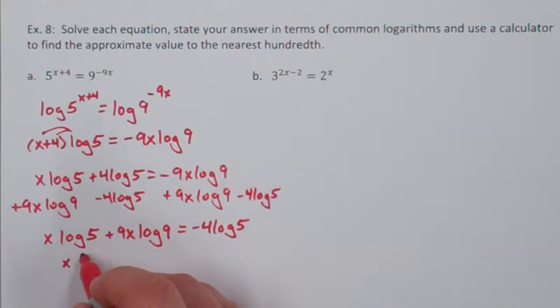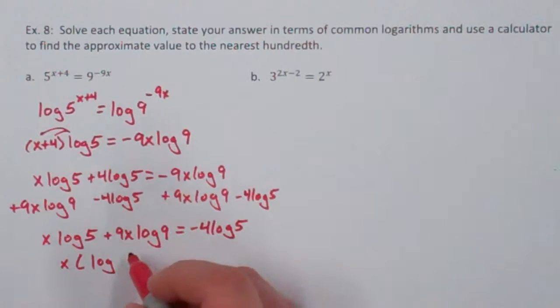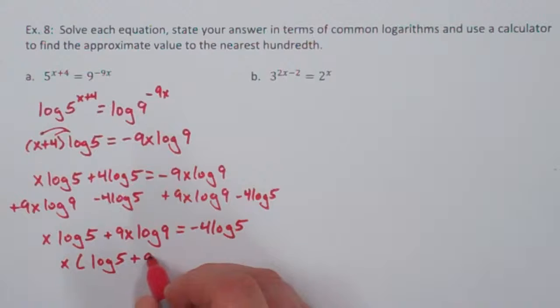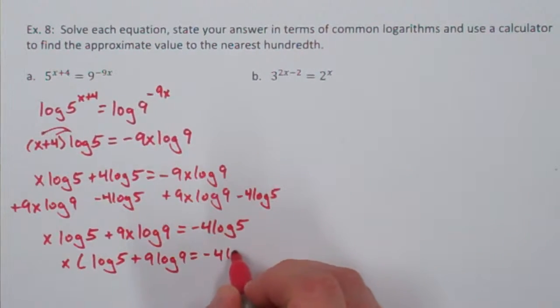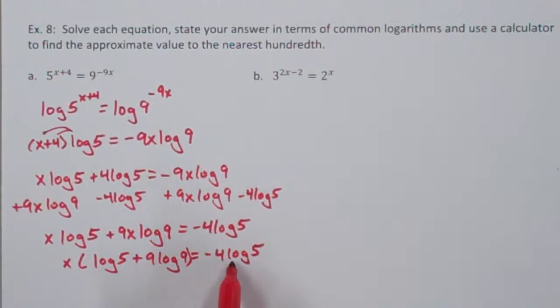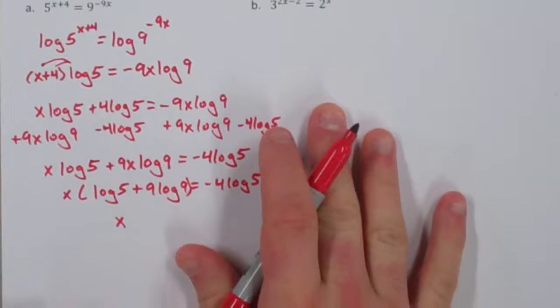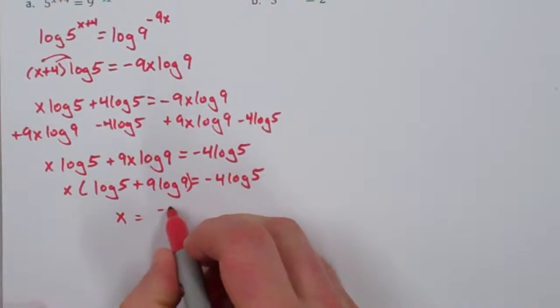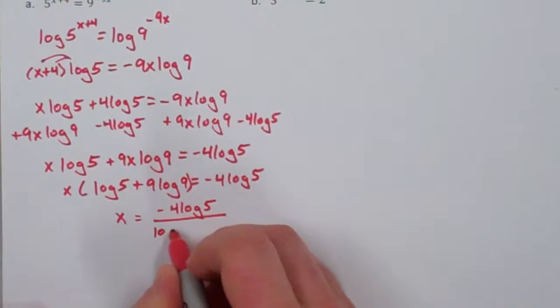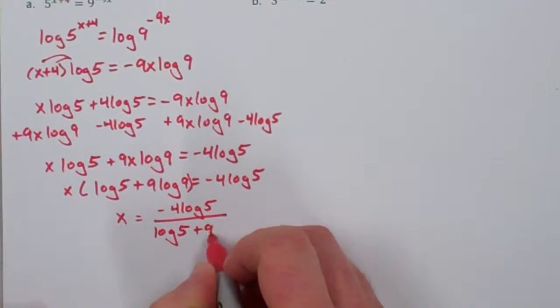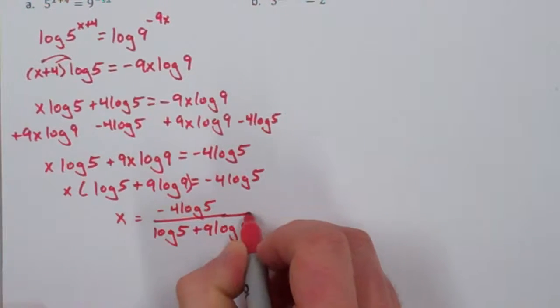Factoring out an x, we'll be left with x, then in parentheses, log 5 plus 9 log 9, and that's equal to negative 4 log 5. We just need to divide the right side and the left side by log 5 plus 9 log 9, and then we'll solve for x. So x will be negative 4 log 5 all over log 5 plus 9 log 9.